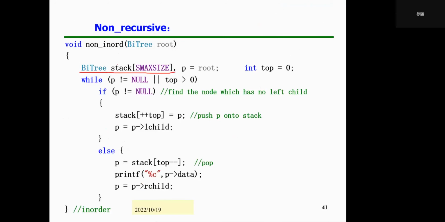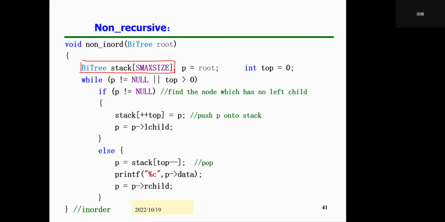We use this array to be a stack because, do you remember, when we implement every data structure, we implement it in two ways: array stack and link stack, or array queue and link queue. So here, I just define an array.